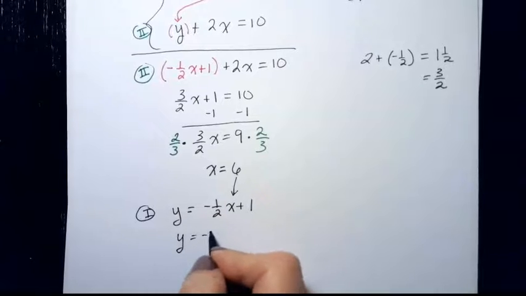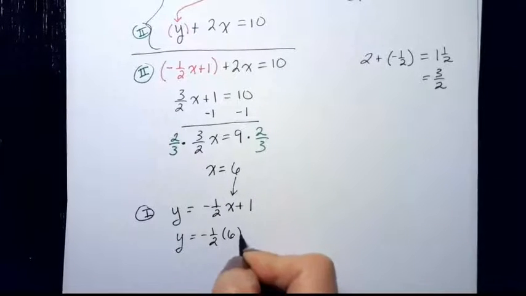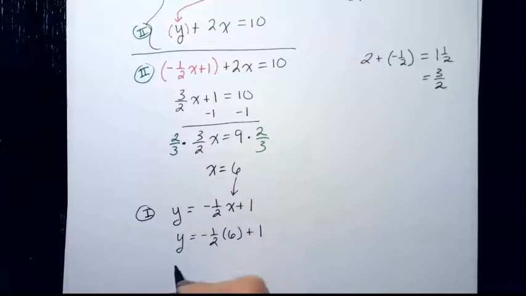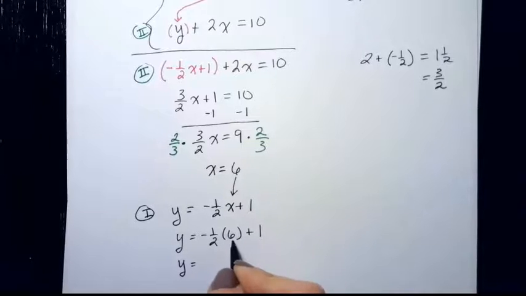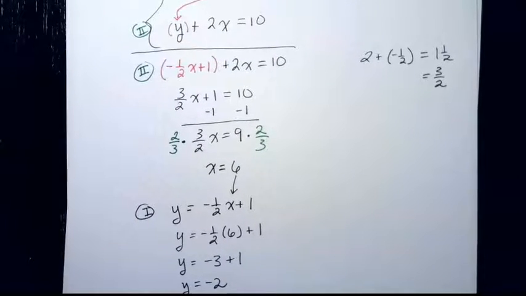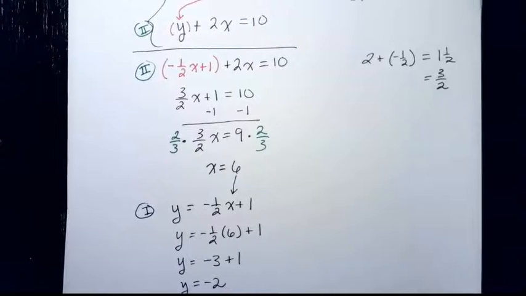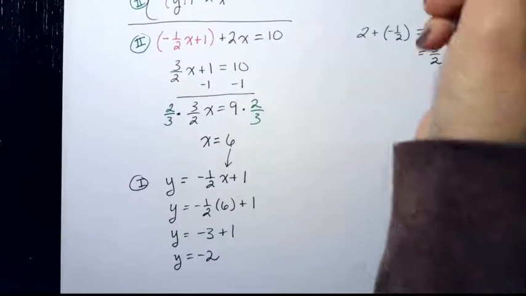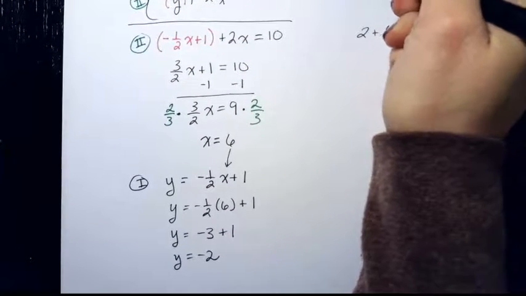y equals negative 1/2 times 6 plus 1. Half of 6 is 3, so negative 1/2 of 6 is negative 3. So y equals negative 3 plus 1, which is negative 2. So the ordered pair, the solution, would be 6, negative 2.